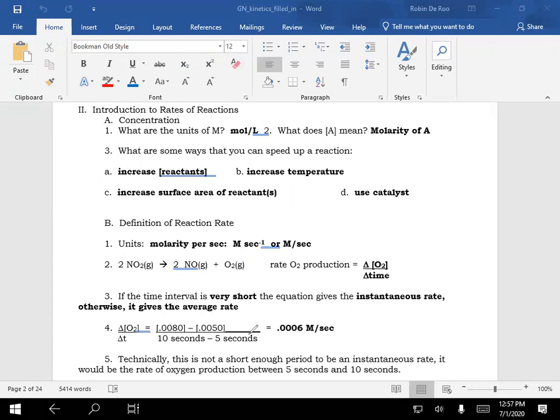You would calculate your rate to be 0.0006 molarity per second, and that would be an average rate between 5 seconds and 10 seconds. Technically, this is not a short enough period to be an instantaneous rate. It's the rate between 5 seconds and 10 seconds.